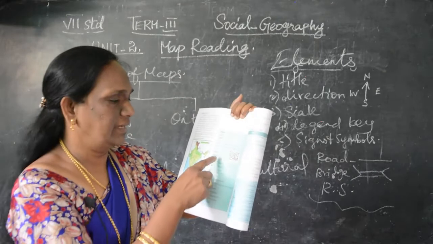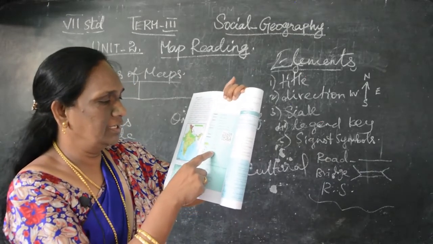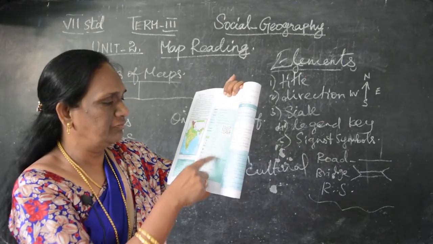Understand? Then canal, dam, lake, wetland, mountain, volcano, for all that you have symbols.